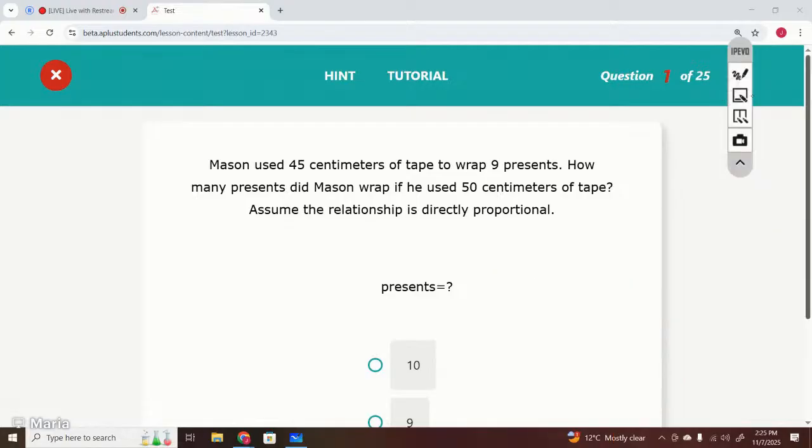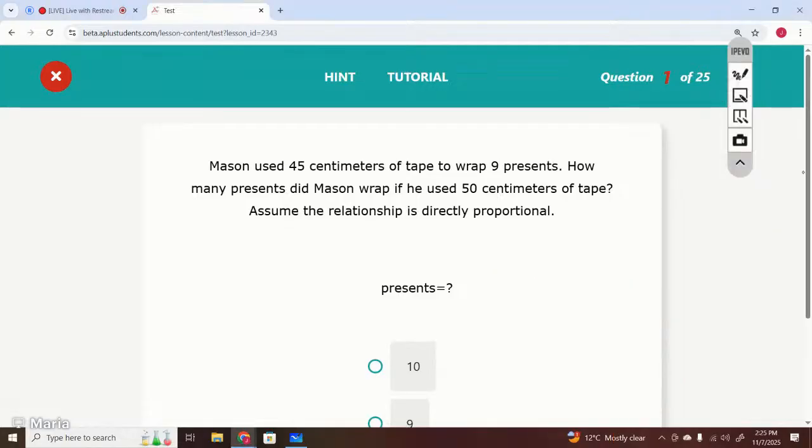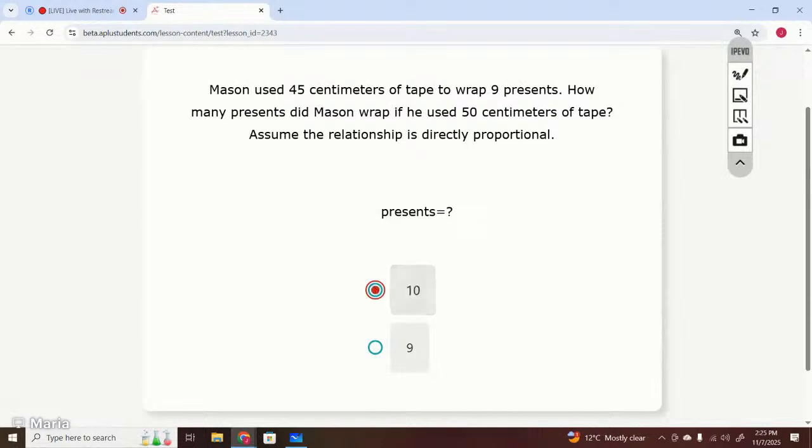The correct option is 10. Option number 1 is the correct option.